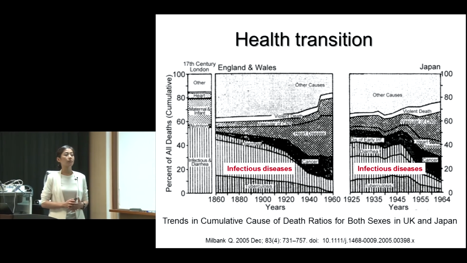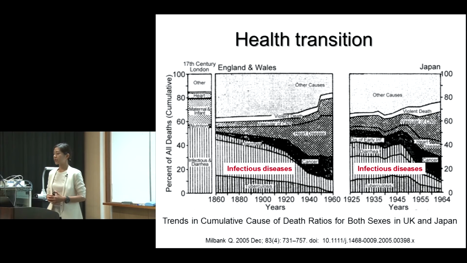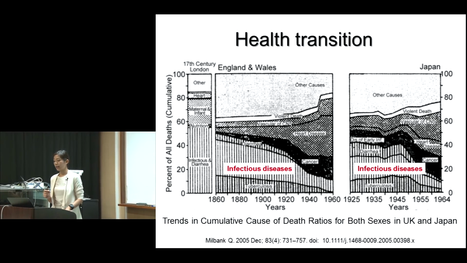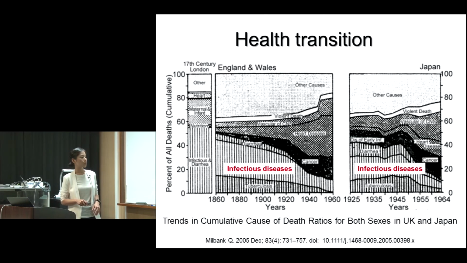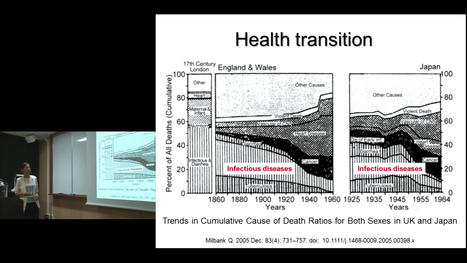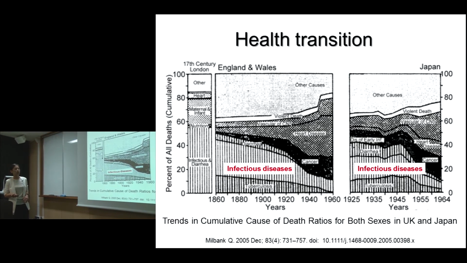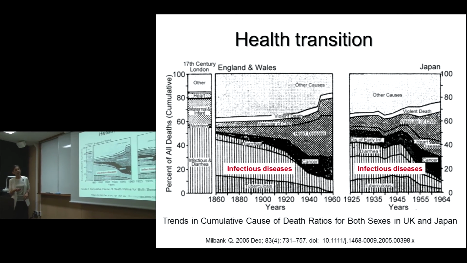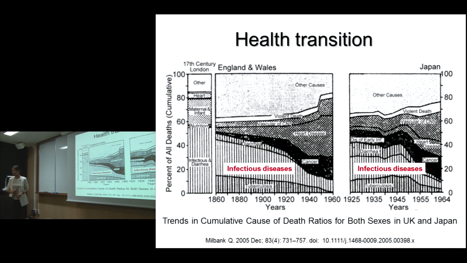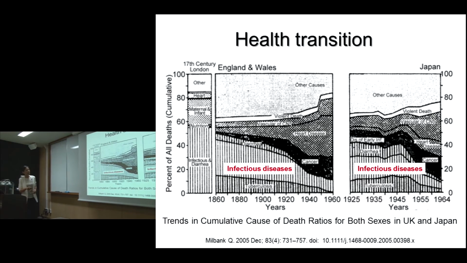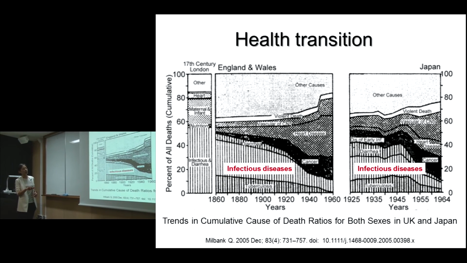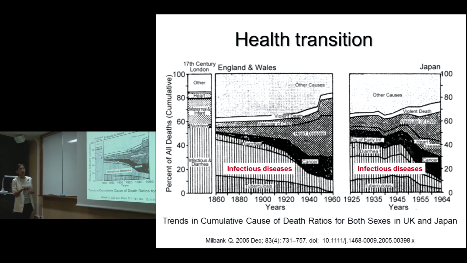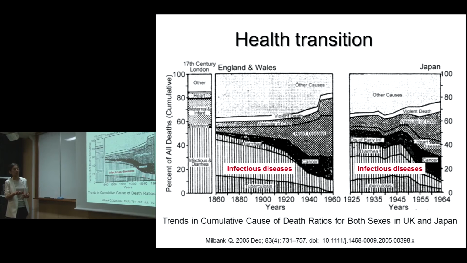This achievement in public health is also true in other parts of the world. As shown here in the figure, it shows the trend in cumulative cause of death ratios in both sexes in the UK here and in Japan on the right side of the slide. So as we can see, infectious diseases were declining tremendously.